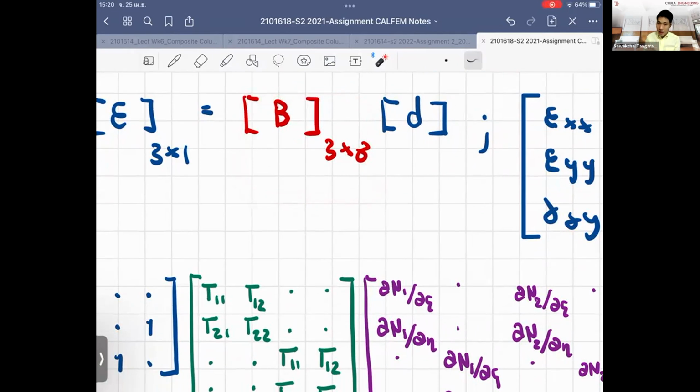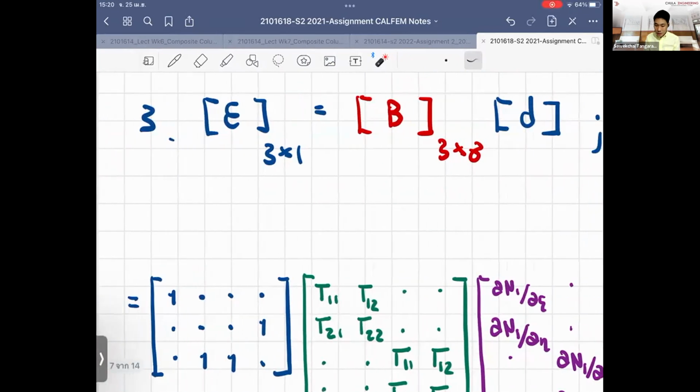You assemble it element-wise, and you already solved for U, and you send the results of the displacement at each degree of freedom per element. You get 8 degrees of freedom, and you put them in d. You take d, which is the real displacement, times the discretized B matrix, which is the derivative of the shape function. You obtain the values of the strain.